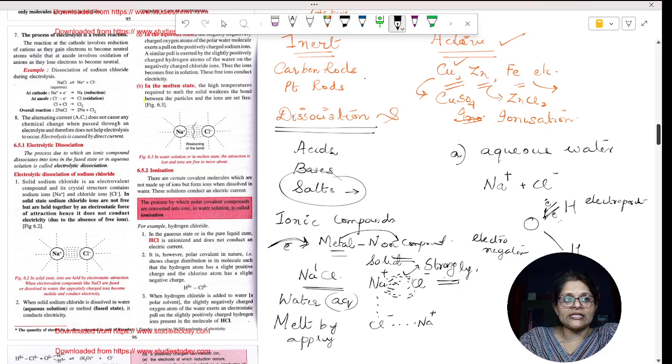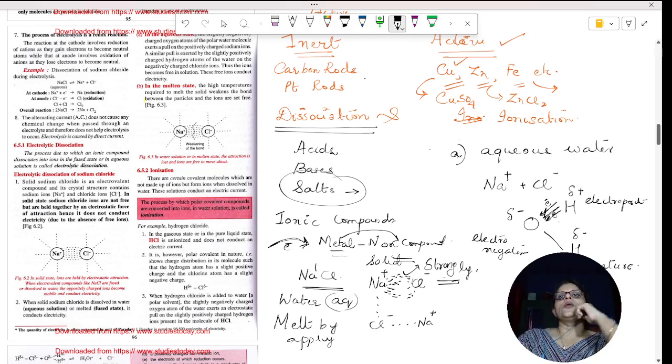Two electrons are shared in between. This oxygen pulls these electrons towards itself and acquires a partial negative charge, and the hydrogens will acquire a partial positive charge. So some covalent bonds are polar in nature, and oxygen will have a negative end and hydrogen will have a positive end.